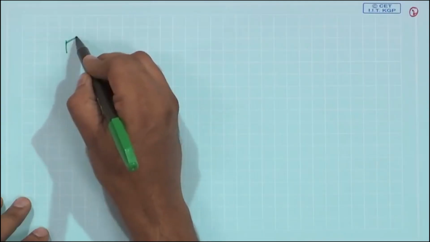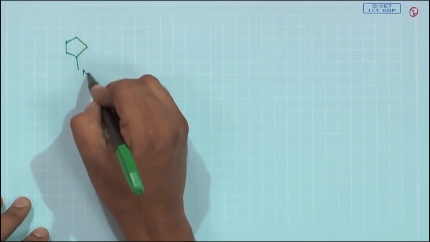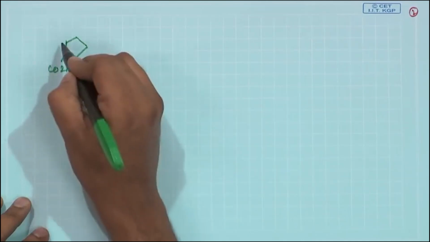Now, the cyclopentanone, which is one of the intermediates, how can you construct it?